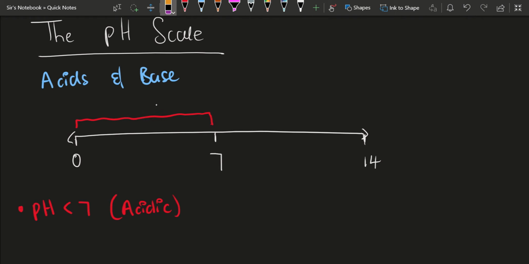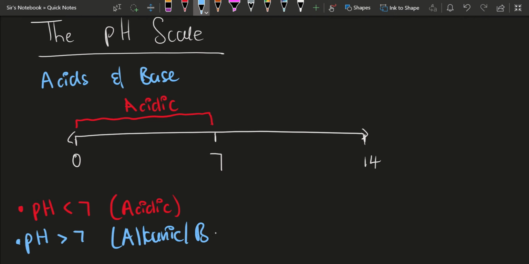Remember, the pH is less than 7, so that section is acidic. And then anything with a pH greater than 7 is known to be alkalinic, or some might say basic. Basic just means it's a base. So this section from 7 going all the way to 14, we say that something is basic.